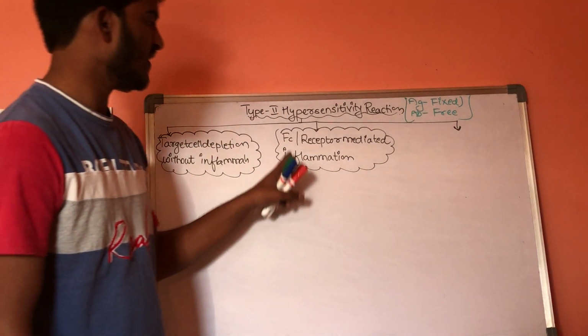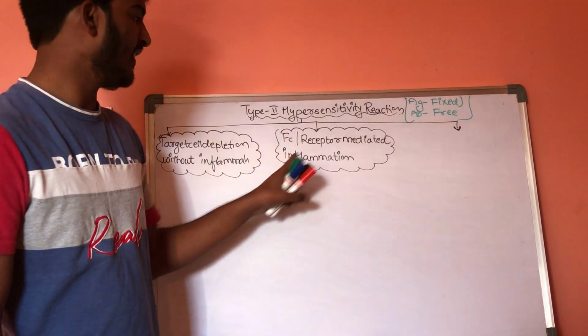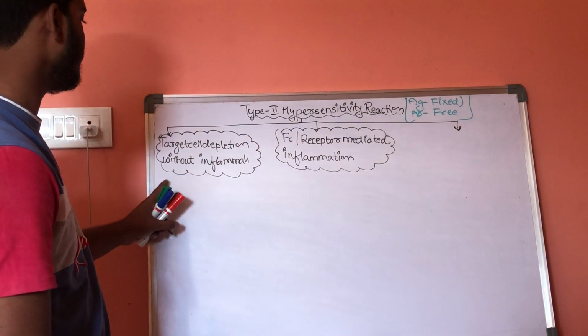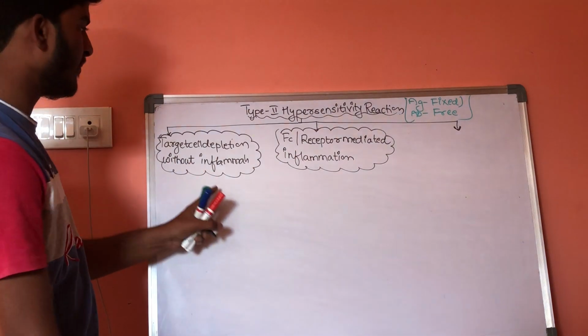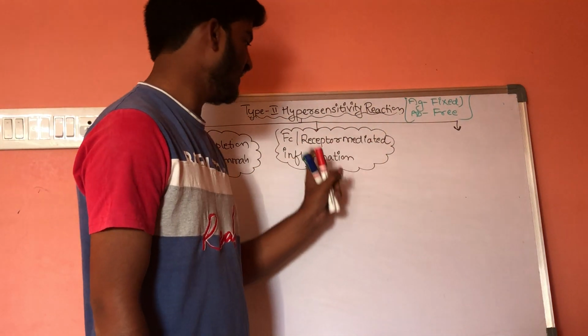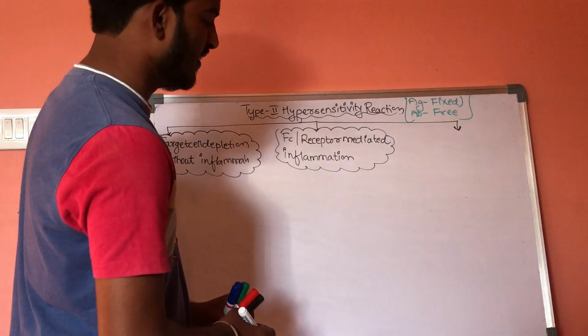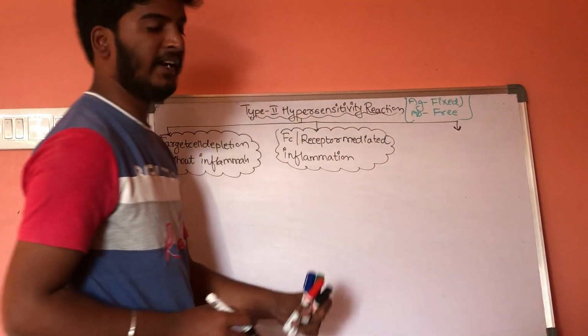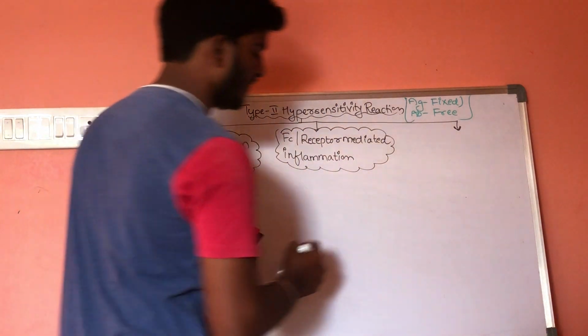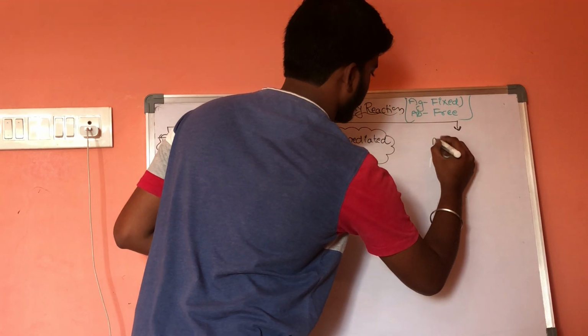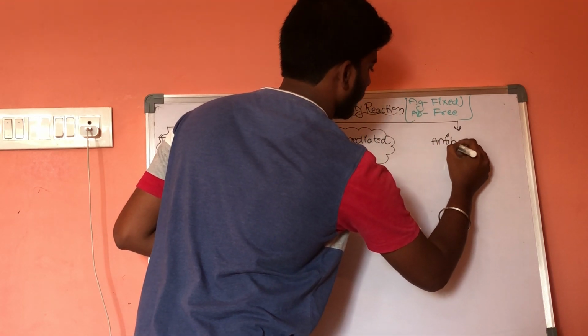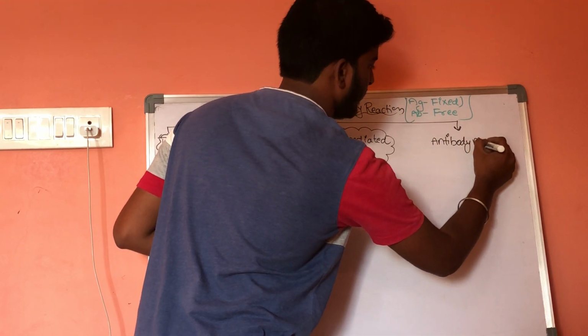This is the second one, that is Fc or receptor mediated inflammation. That is, first one is target cell depletion without inflammations, second one is receptor mediated inflammations, and third one is cell mediated or antibody mediated inflammations.